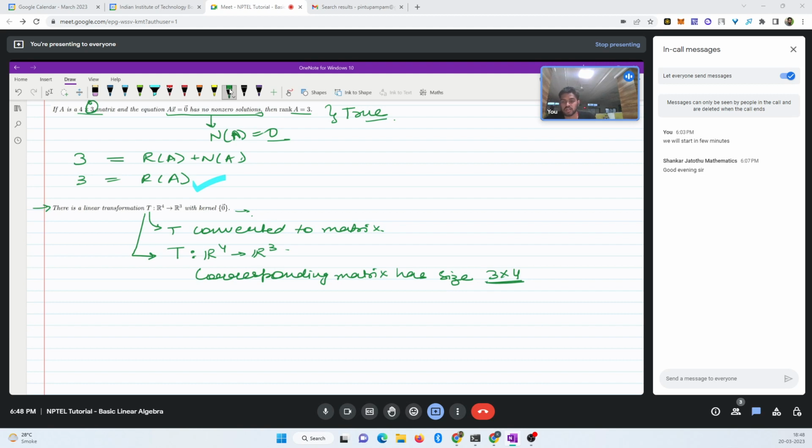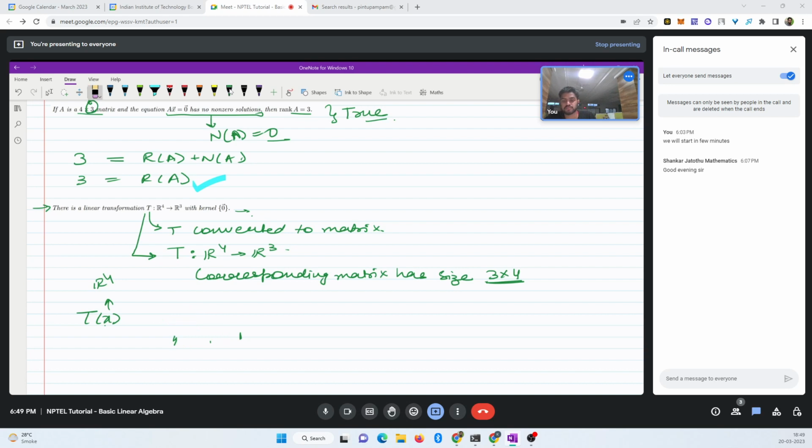So basically the relation that you get is that T of x is equal to A of x. If your x is from R4, then your x is 4 cross 1 in this case. So you want your A to have 4 columns.